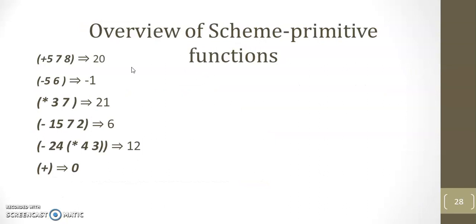So we can see the operation with 5, 7, 8. Plus is the function. So you add all the parameters and you will be getting the result as 20.